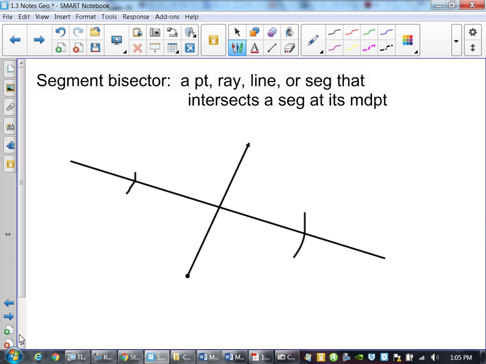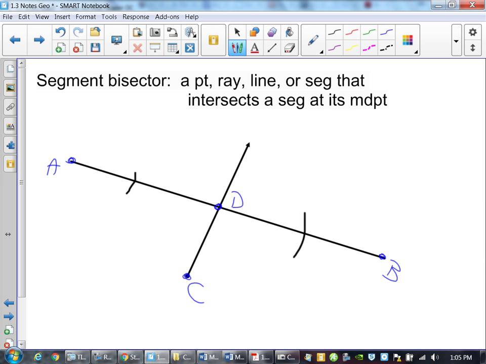Like I said, we see segment bisectors not so much as a real difficult thing. A lot of times you'll say that such and such is a segment bisector, figure out what both sides add up to equal. So if I had, let's see, this is segment AB, and this is ray CD.